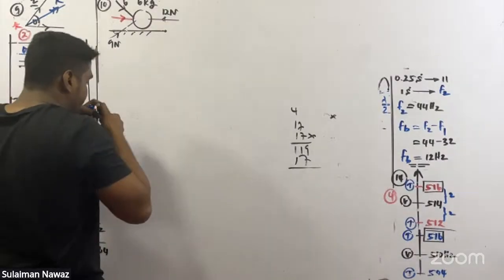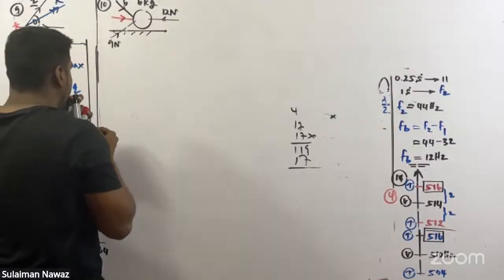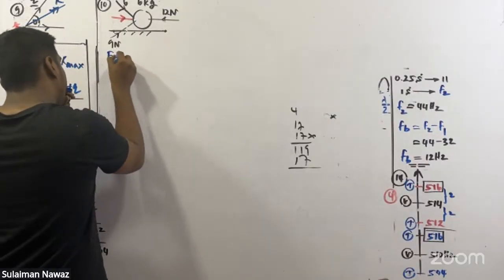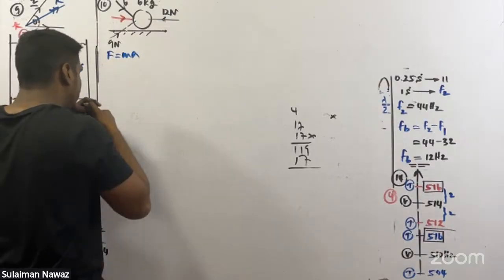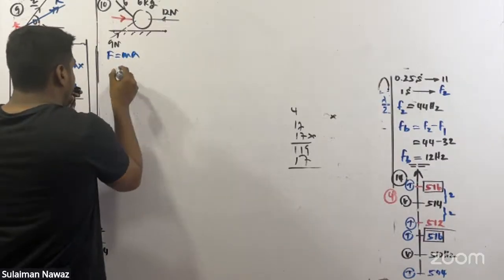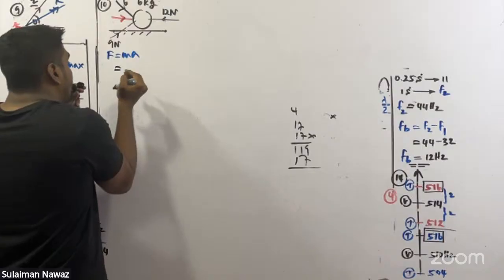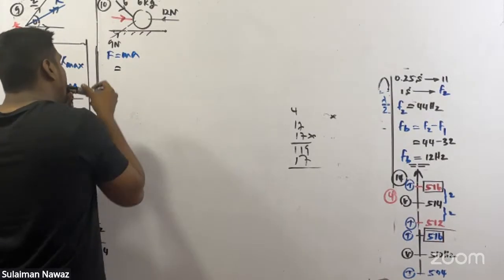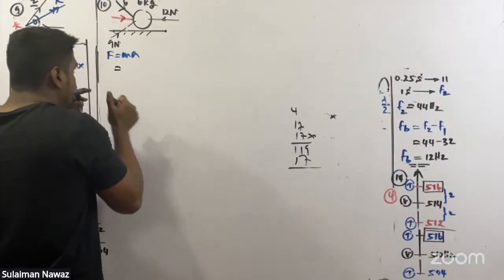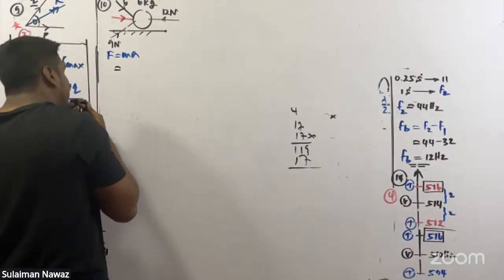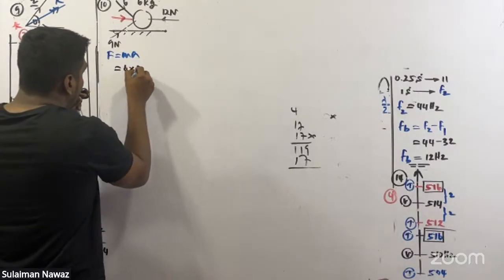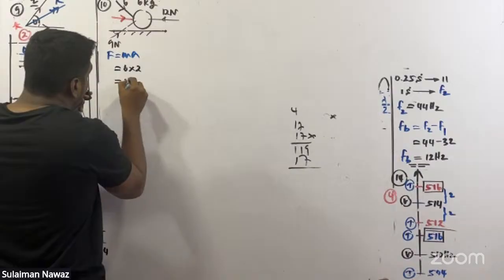For this object, let's say it can move horizontally. When you apply F equals ma, the mass is 6 kilogram. You don't know whether you are removing 1 or 2 forces, but once you remove them, the object always obtains acceleration 2 m/s². Mass 6 kilogram, acceleration 2, means we can find the resultant force.